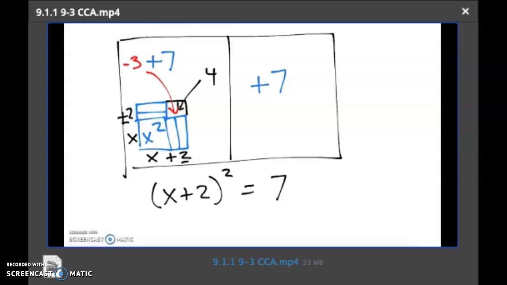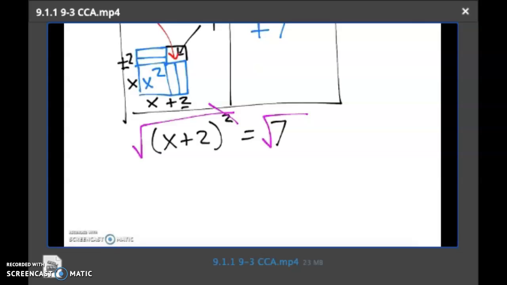And now we just need to figure out what the exact roots are. So we're going to solve for x. We're going to undo this square and take the square root on both sides. That square root cancels out the square, and I'm left with x plus 2 on the left. And then remember, this is plus or minus square root of 7 on the right.